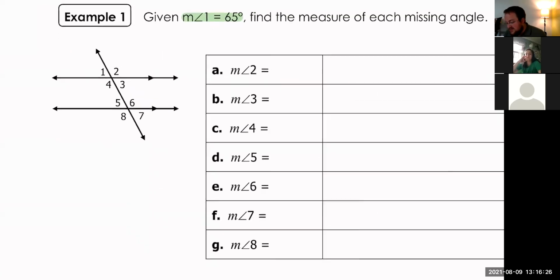We know angle 1 to be 65. If you take that out of the 180, what's left? 115.